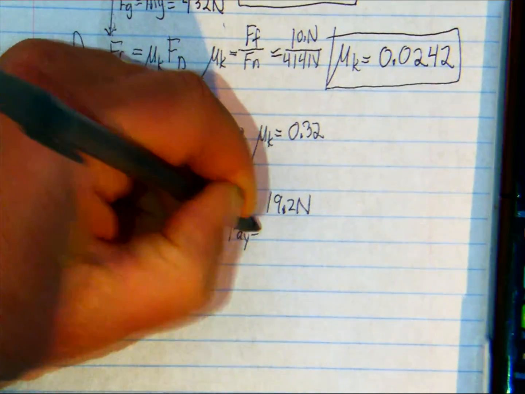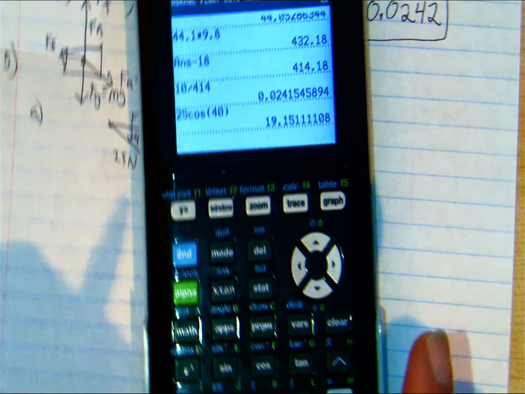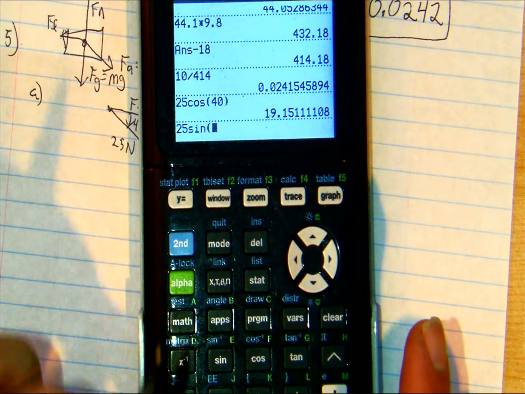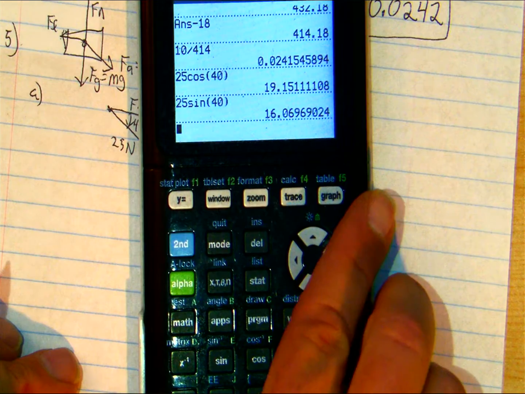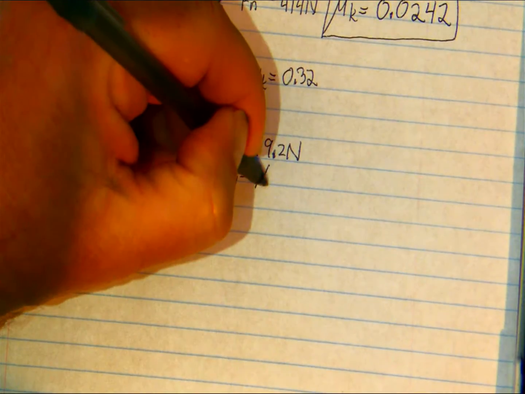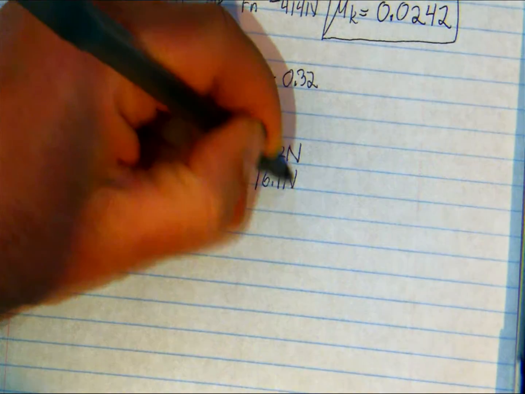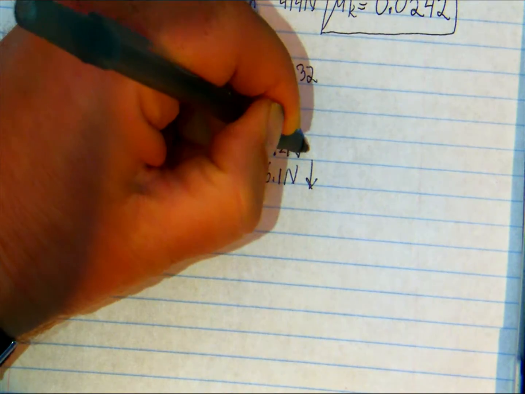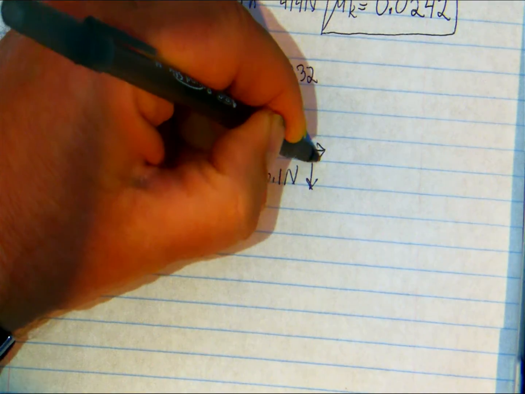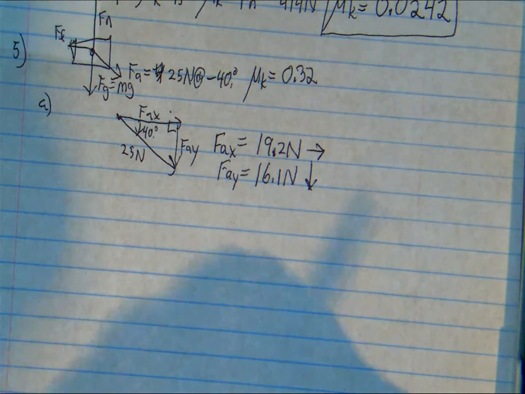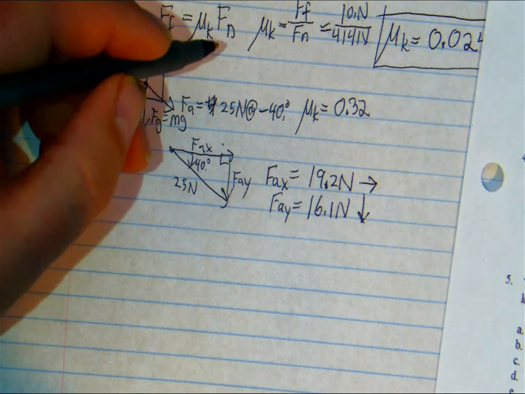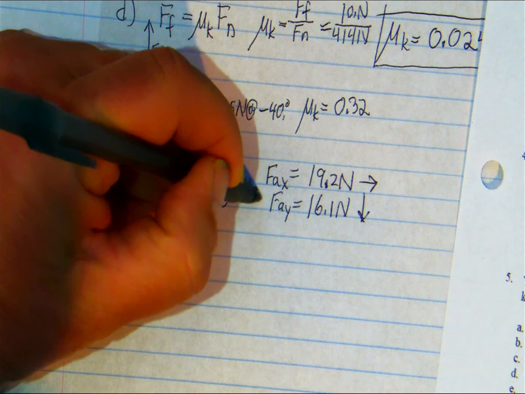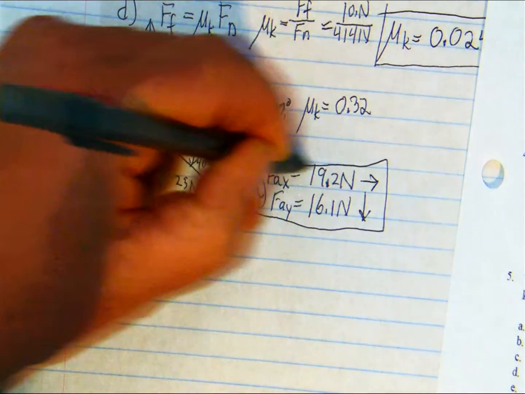Fy is 25 sine 40, 16.1 newtons. And by the way, that is downward. The x component is to the right, and the y component is downward. So there is the answer to part A.